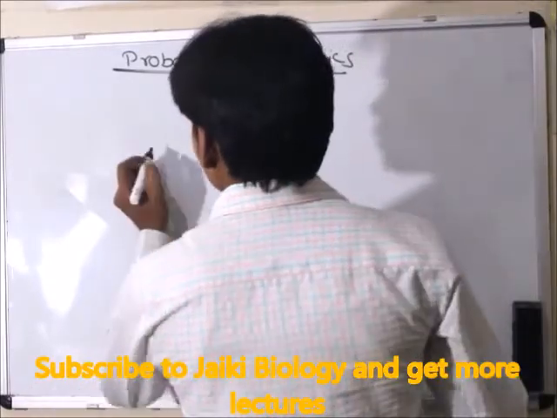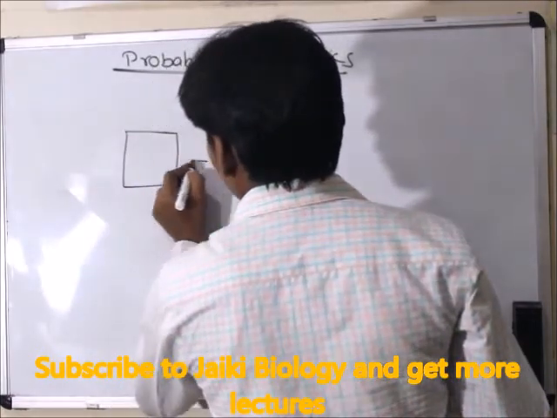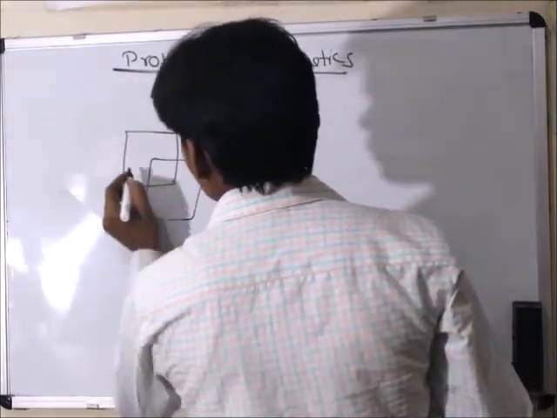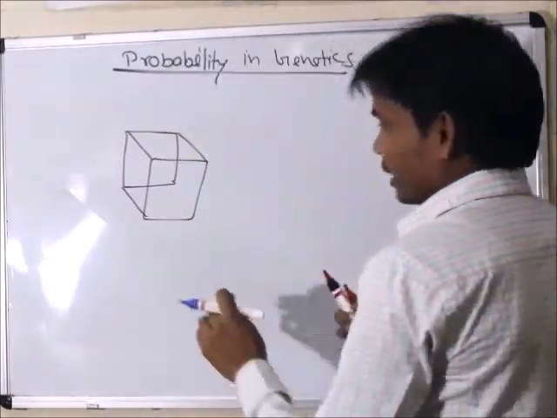Suppose this is a dice that contains 6 sides.